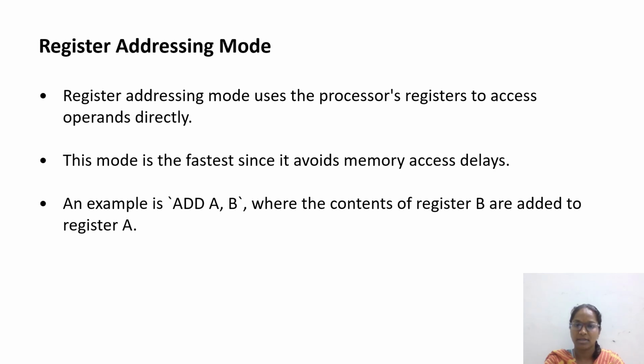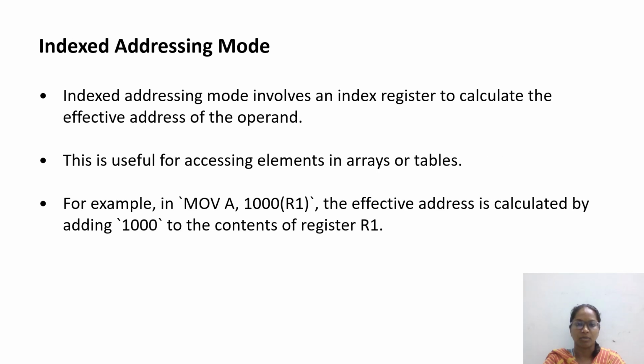Compared to other modes, this addressing mode is very fast because we can easily access the operand. For example, adding A and B, where the contents of register B are added to register A. Thus we can easily access the data. This is register addressing mode.